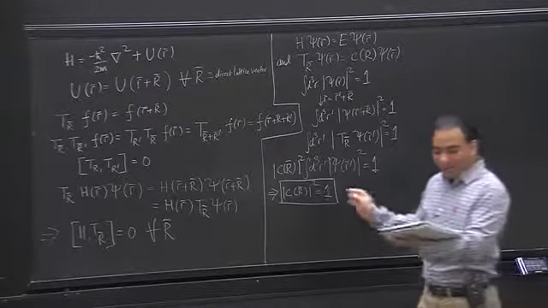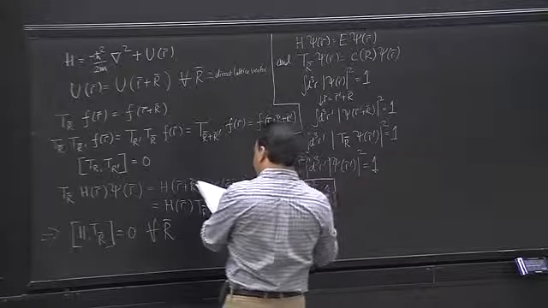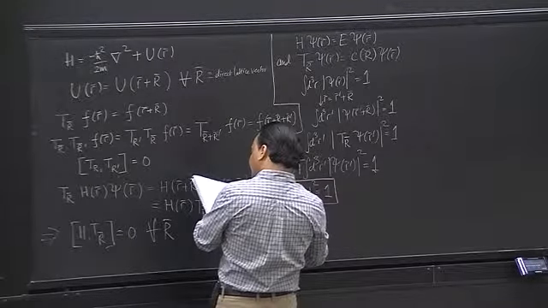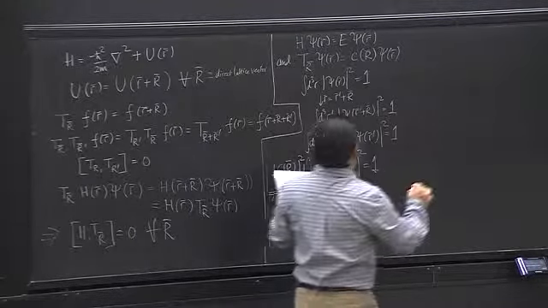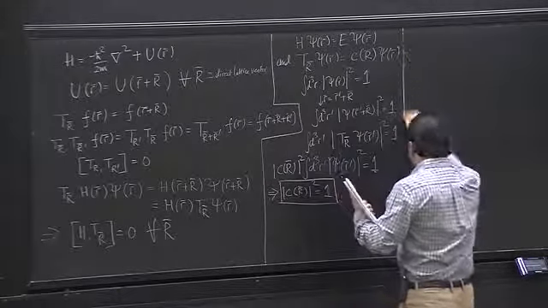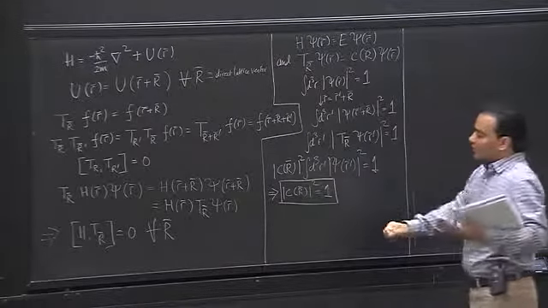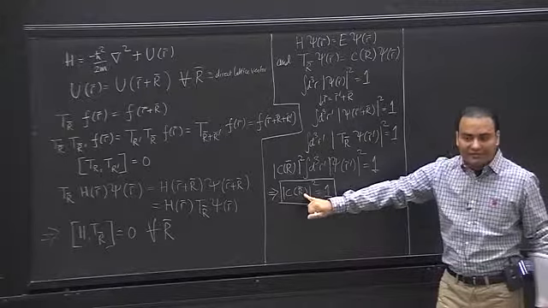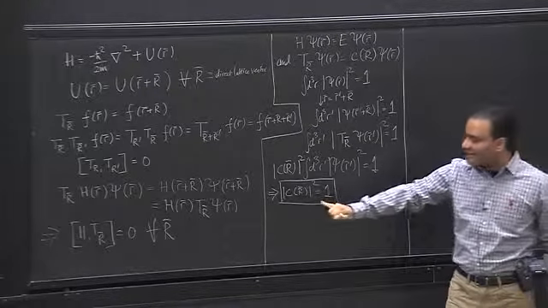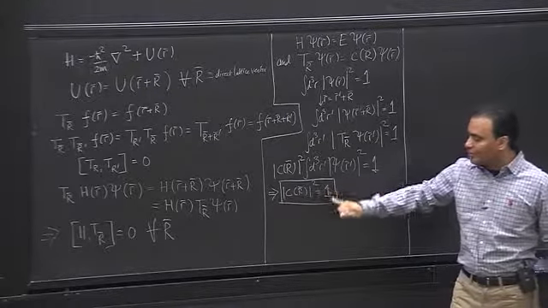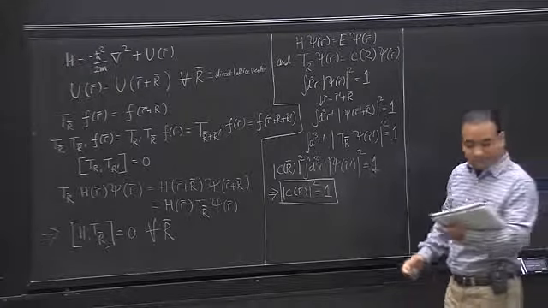So now it's a matter of choice. C of R, where R is a general direct lattice vector, has modulus square equal to 1.